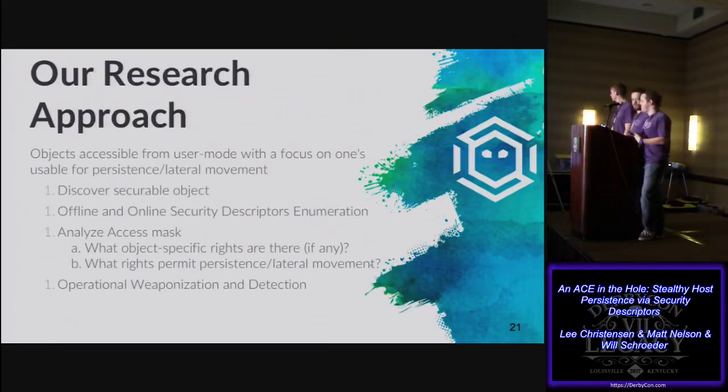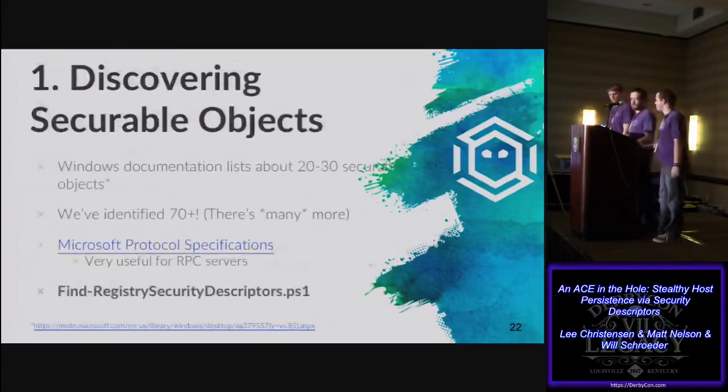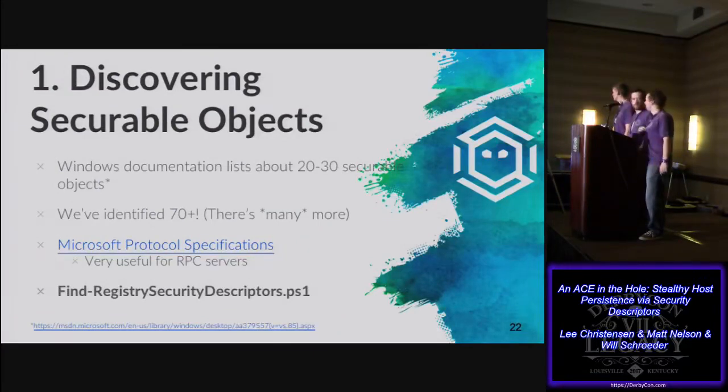Then we need to identify what rights each of those objects have, so the access mask on each ACE: what rights are specific to each object, and which of those rights can we use for persistence or lateral movement. And then as a follow-on, creating some code to weaponize that operationally, for offense and for defense.